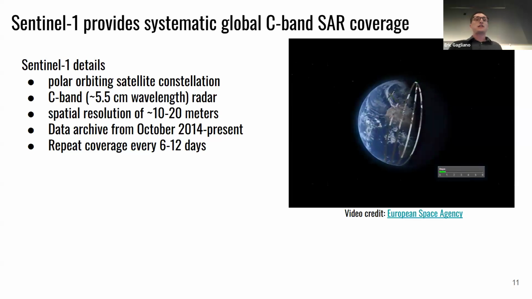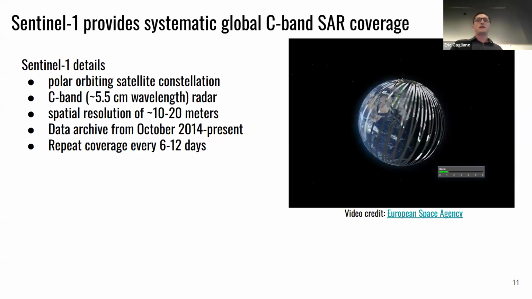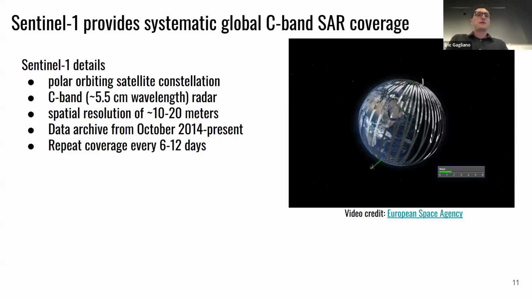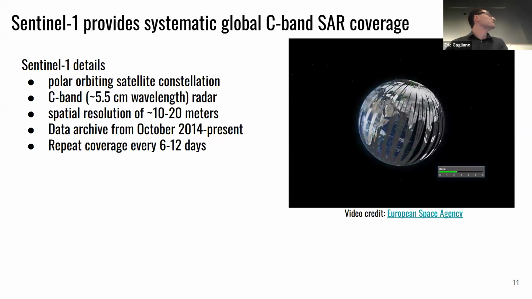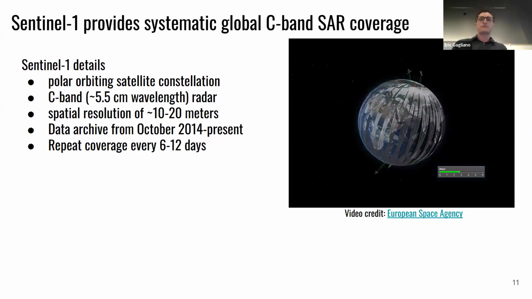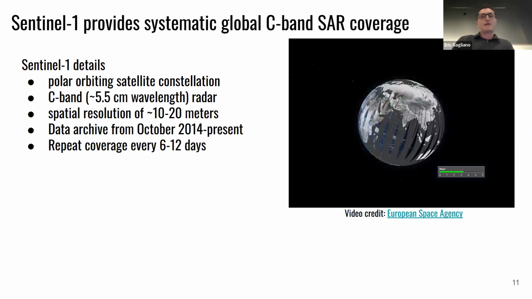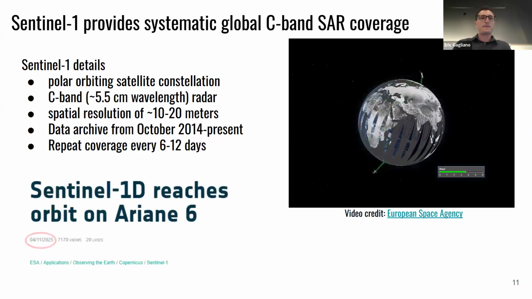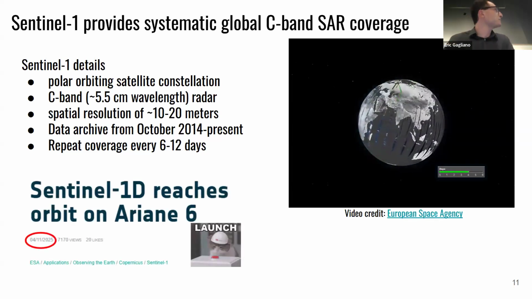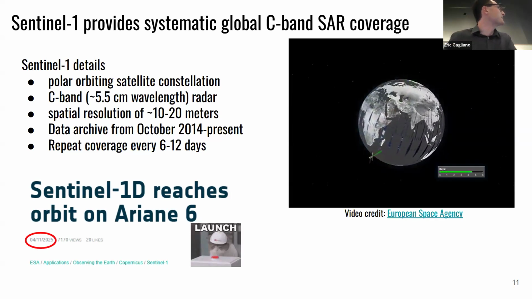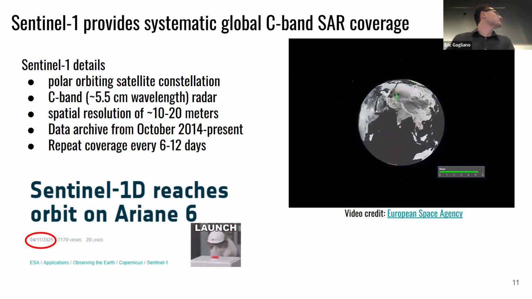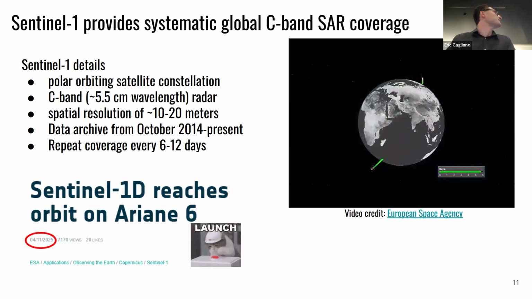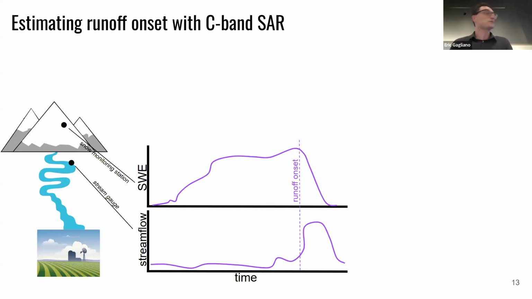And the spatial resolution is 10 to 20 meters, so it's very high spatial resolution and high temporal resolution with repeat overpasses every 6 days. And here we're just excited that there is an addition to the Sentinel-1 constellation because we had one of the satellites fail a couple years back.